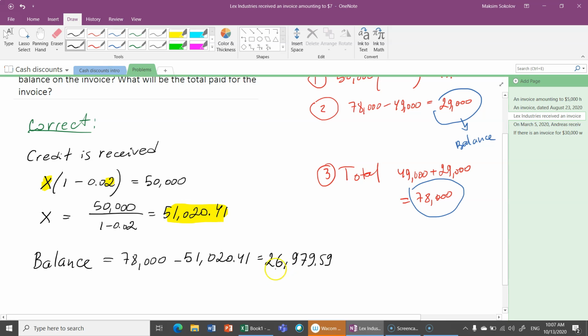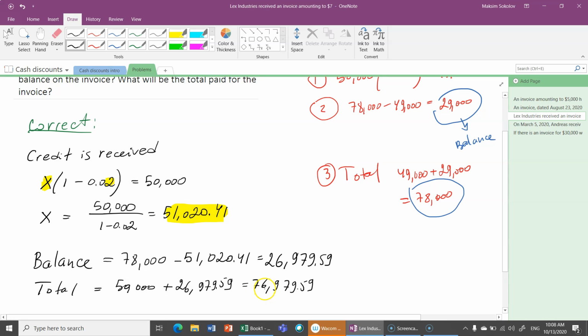And therefore the total is $50,000, what has been already paid, plus 26,979.59. So total paid for the invoice will be 76,979.59.